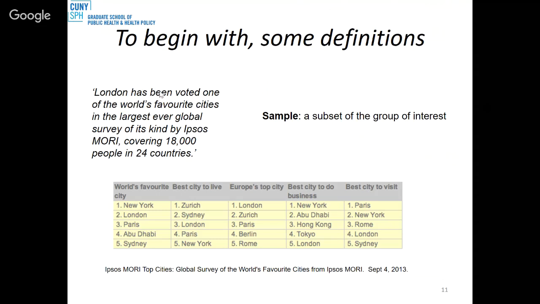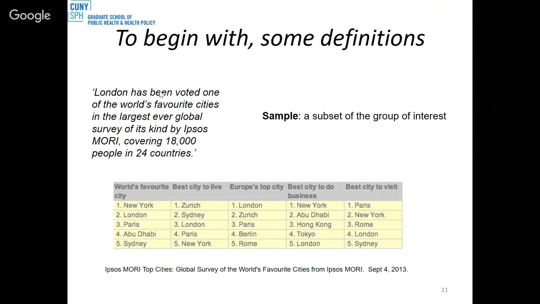So they're basically, the survey is only talking about the largest global survey. It's not necessarily talking about the people who actually are voting for London as their favorite.